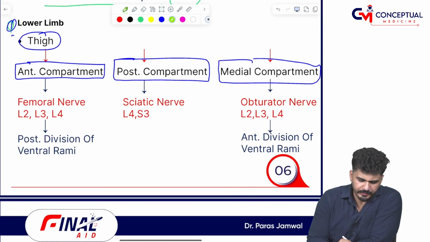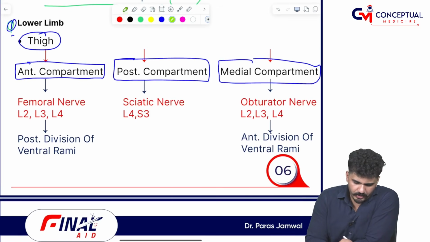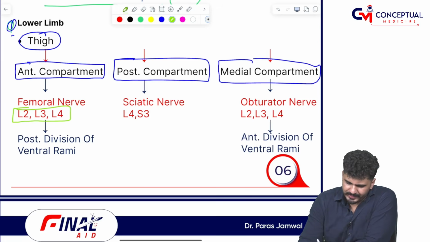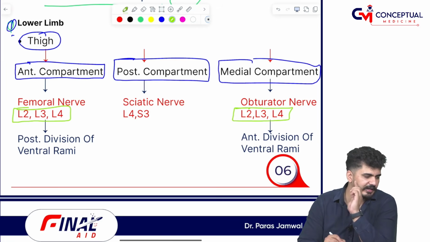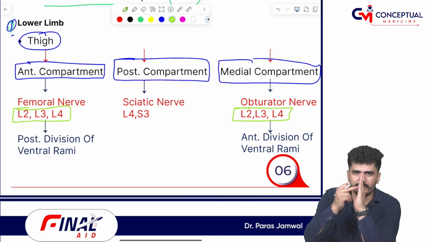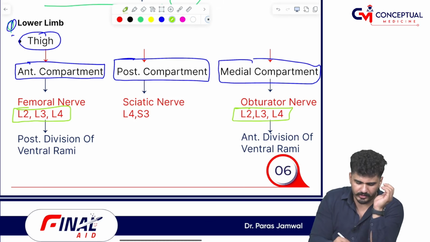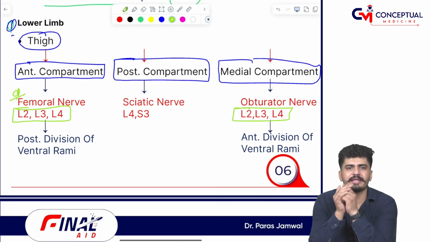My dear ladies and gentlemen, you will see your anterior compartment root values and medial compartment root values are the same. So what is the difference? The difference is the origin of the nerve from the ventral rami. If this is the ventral rami and the nerve is coming from the posterior side, this is called the femoral nerve, supplying the anterior compartment.